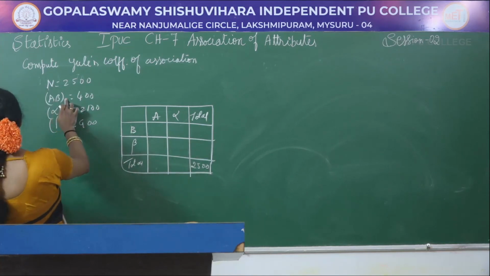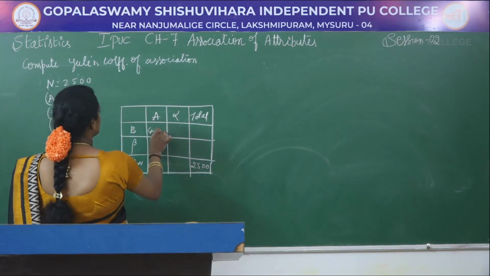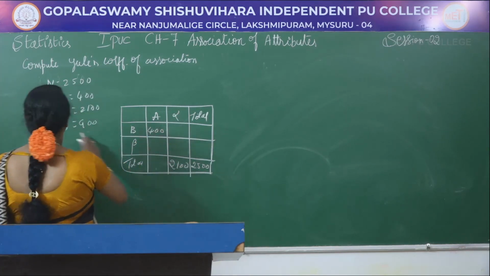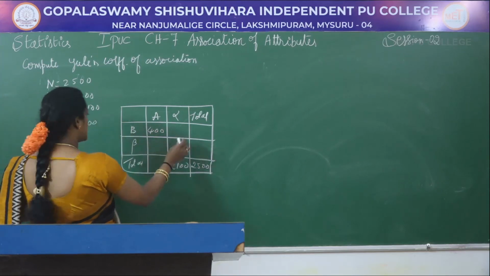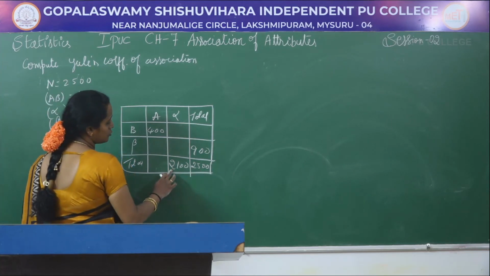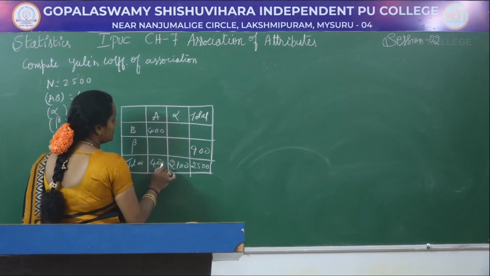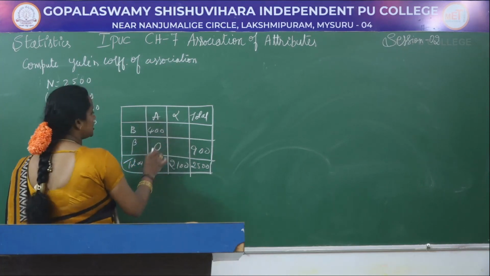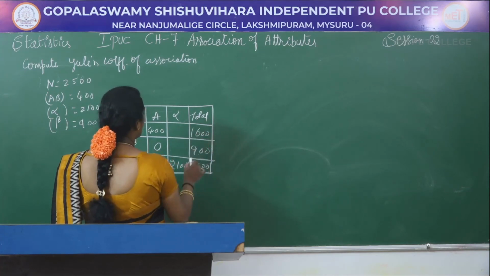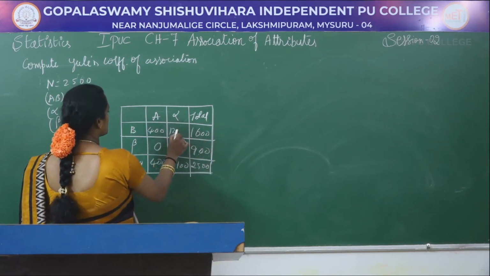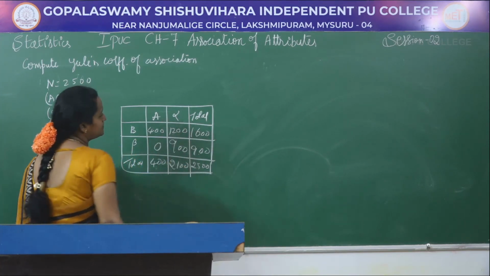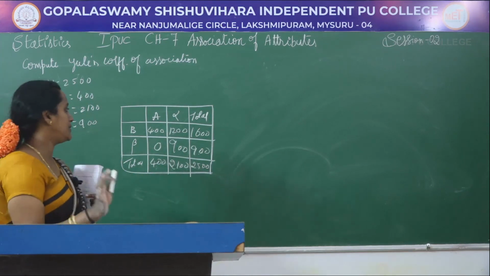Next A into B, AB it is 400. Total alpha it is 2100 and total beta they have given, it is 900. Now complete the values. 2500 minus 2100 it is 400. 400 minus 400, it is 0. Next 2500 minus 900, it is 1600. 1600 minus 400, 1200. 2100 minus 1200, this is 900. Okay. Now we have completed the table.